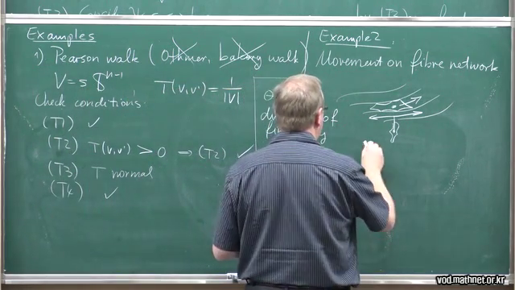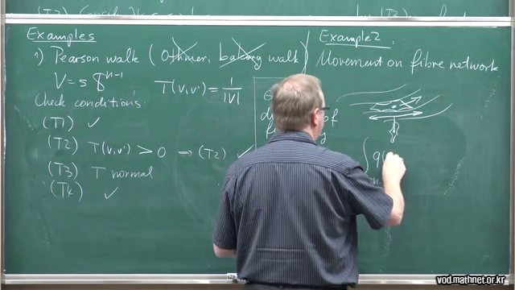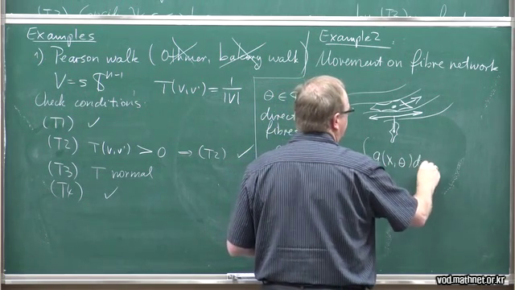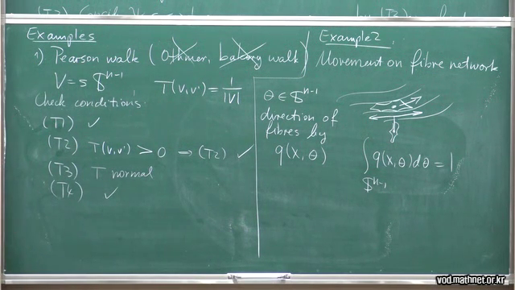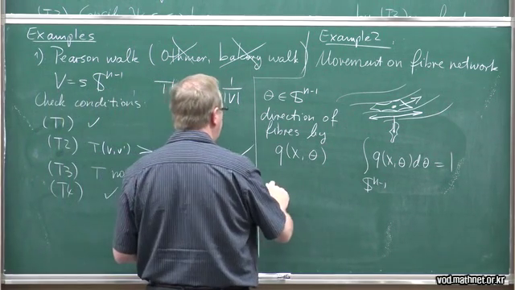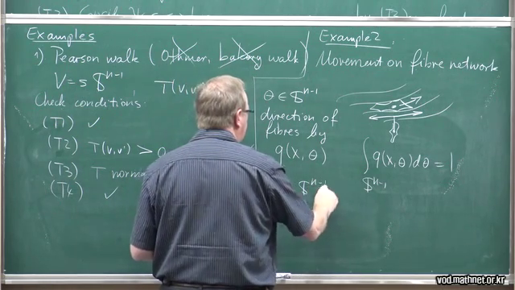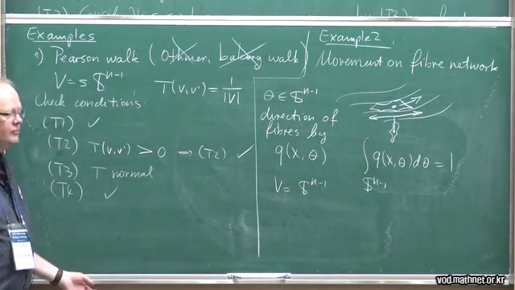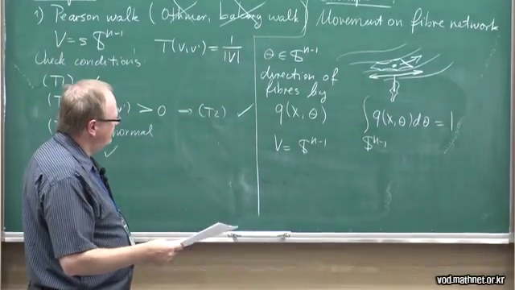So the integral over S^(n-1) of q(x,theta) d theta is equal to 1. So it's also a probability density for directions. All right. So then I also simplify a little bit. I say actually V is S^(n-1). So I normalize the speed to be equal to 1. If I don't do this, I just have to carry a scaling factor around all the time. So let's forget about that for now.